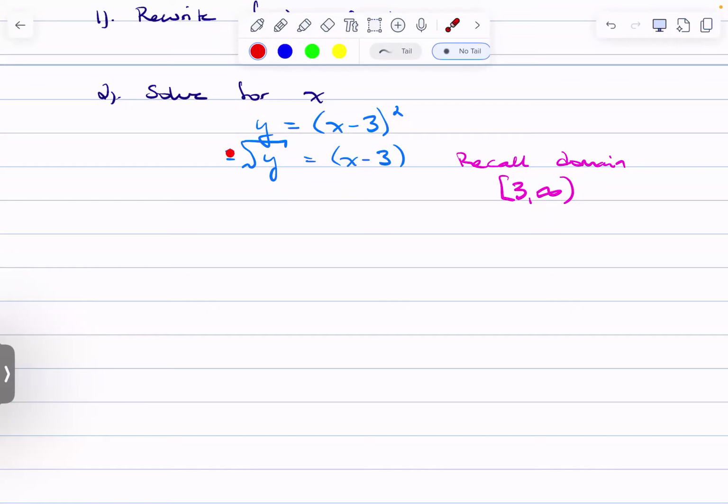Okay, so I've got 2 positive options. 5 minus 3, positive again. As I move further and further towards infinity, it's just going to be positive. And so the domain will only yield positive values.